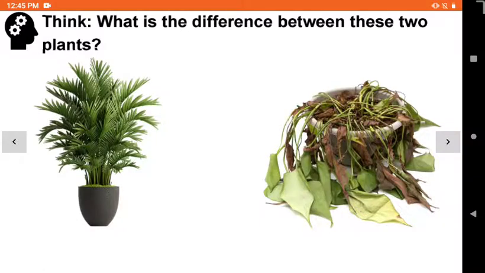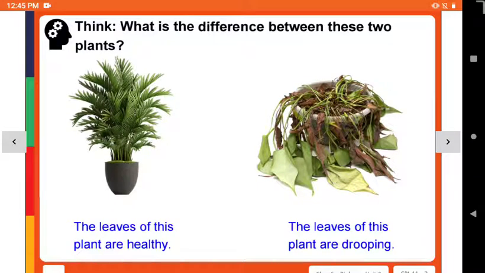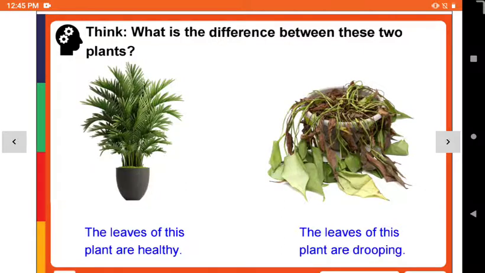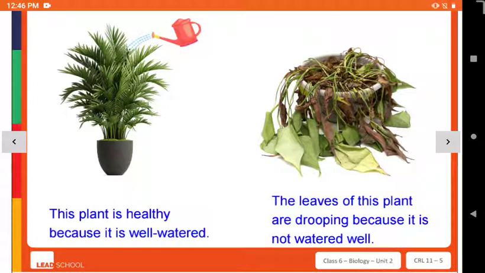See here, what is the difference? So the leaves of the first plant are healthy and the leaves of this plant are drooping. Okay. So can you think of a reason why? Because this plant is healthy because it is well watered, and the leaves of this plant are drooping because it is not watered well. Right?